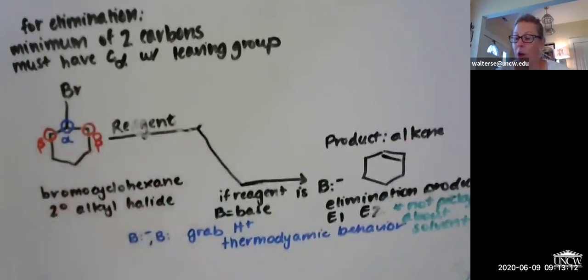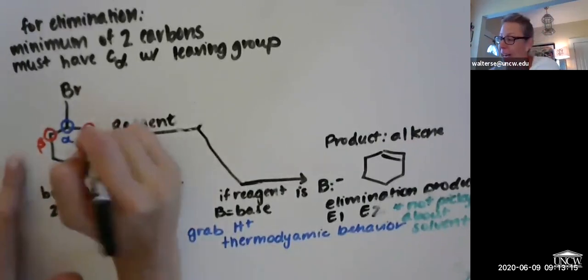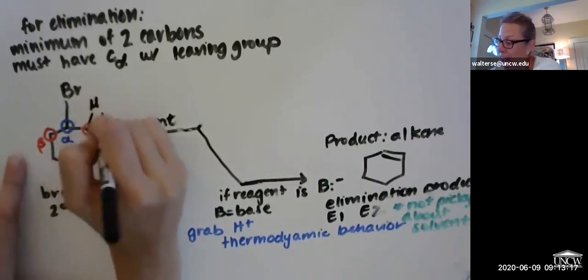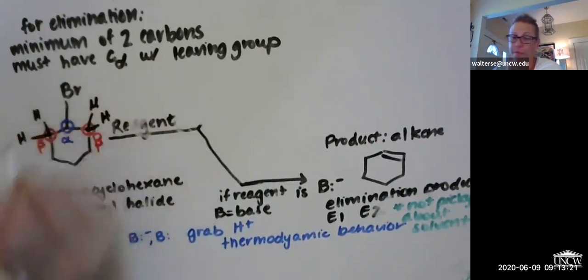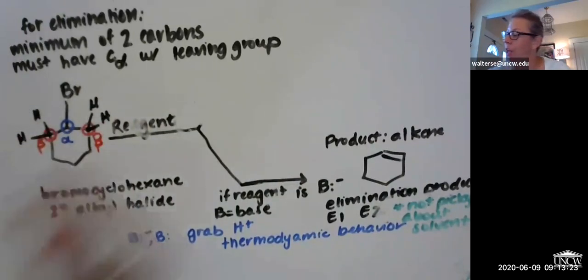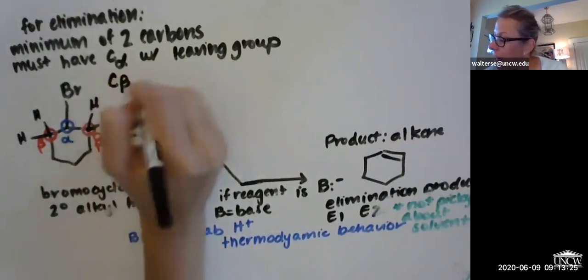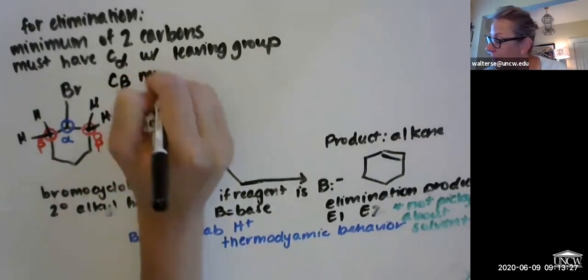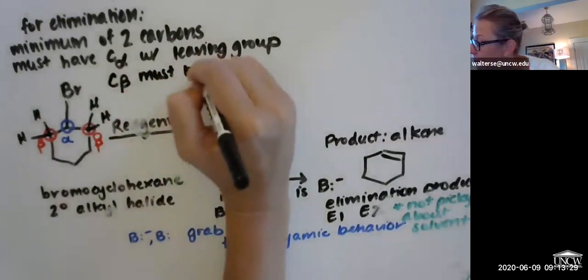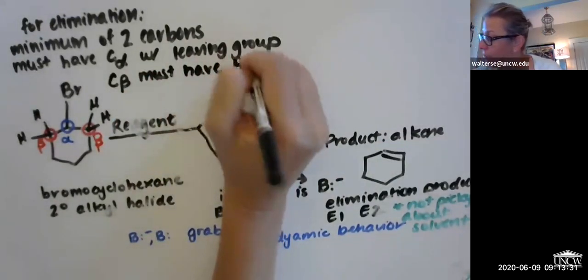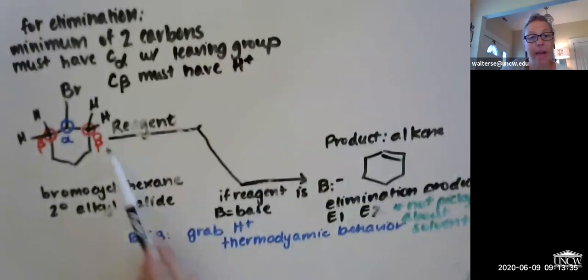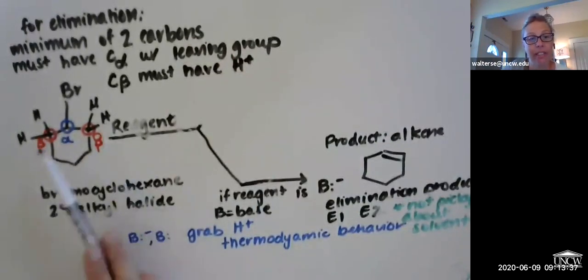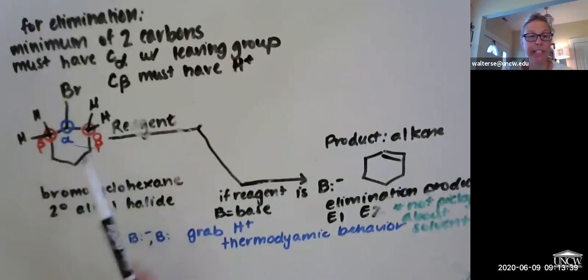But beta carbons have to have a minimum of 1 hydrogen. So your carbon beta must have hydrogens, so that the base can come and take one of these protons, and in this case, since it's symmetric, it doesn't matter.